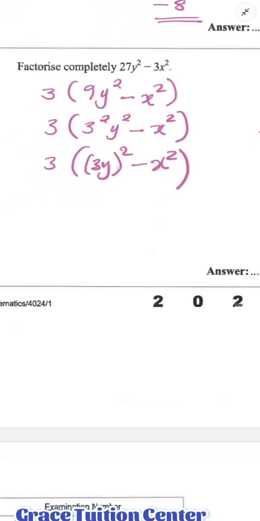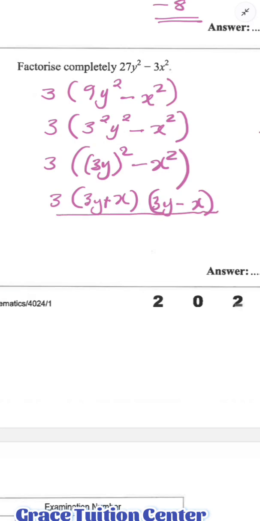So we're going to assume this is our x and this is our y. So we're going to write 3 here, 2 pairs of brackets. The first one we write 3y, x there, then we add, then the next one we write 3y, x squared there, we subtract. So this here is actually our answer to this expression.